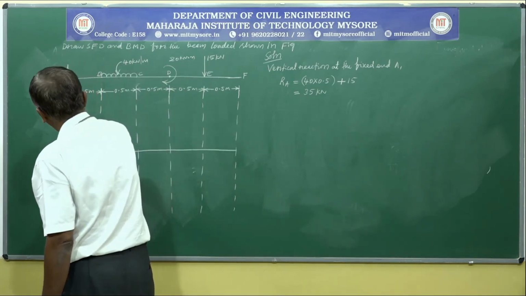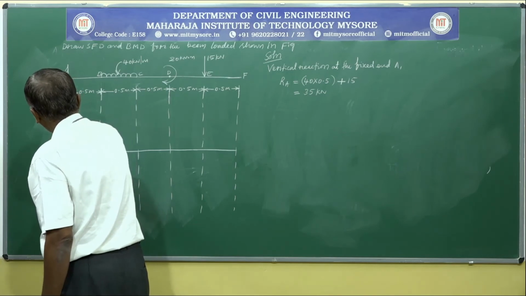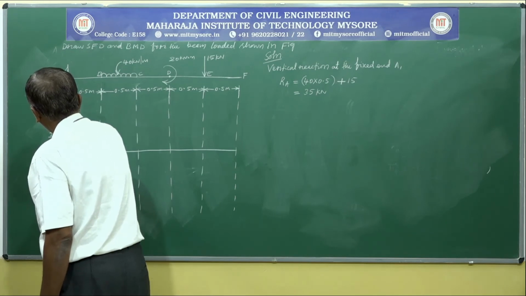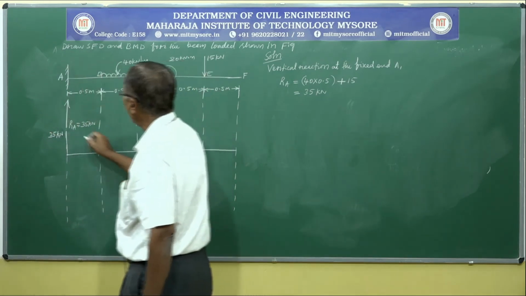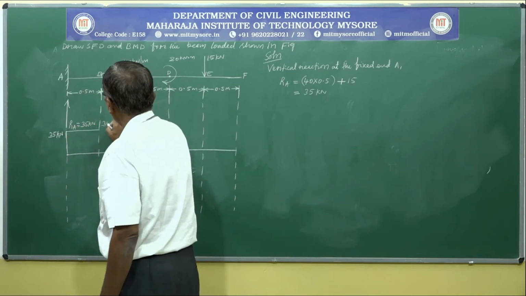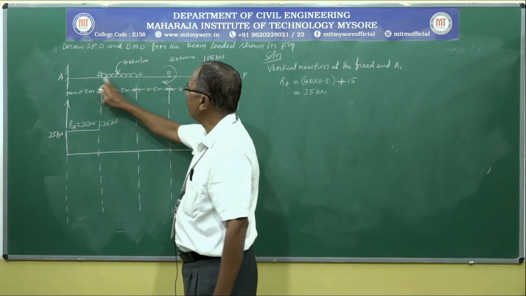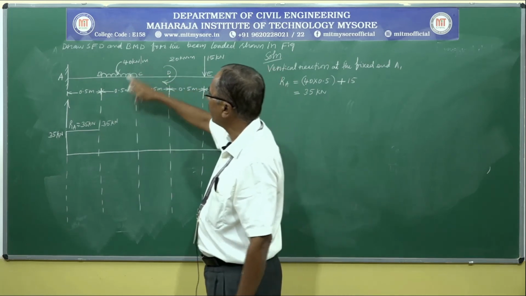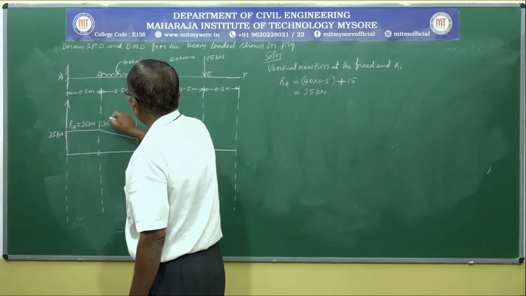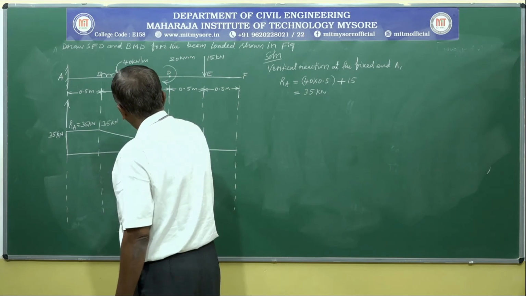There is a reaction here of magnitude 35 kilonewton, go up vertically by 35 kilonewton. Between A and B, no load, horizontal line, 35 kilonewton. There is UDL between B and C, convert UDL to a point load, 40 into 0.5, 20, come down linearly by 20 kilonewton, 35 minus 20, it is 15 kilonewton.